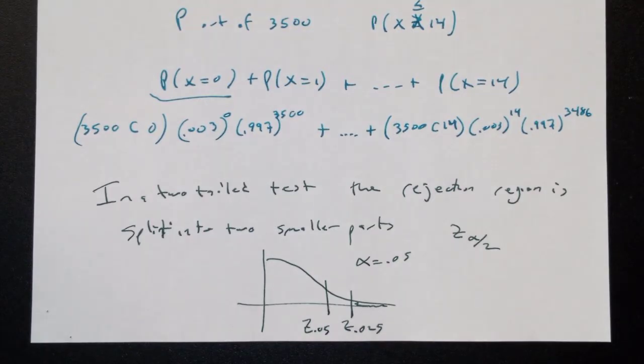If there's 5% of the area above this line and only 2.5% of the area above this line, that line has to be further to the right. If I reject because I'm in this 0.025 region, I'm definitely going to reject because that part is contained in this part, if I only had one tail.